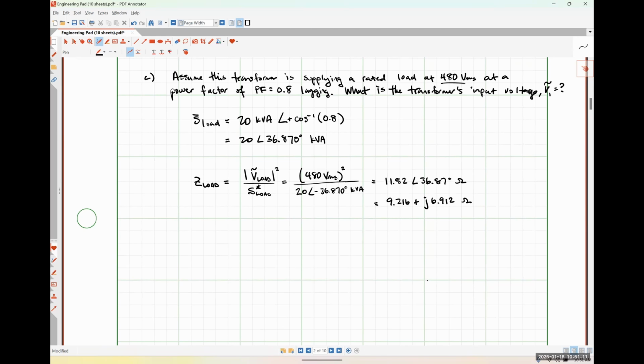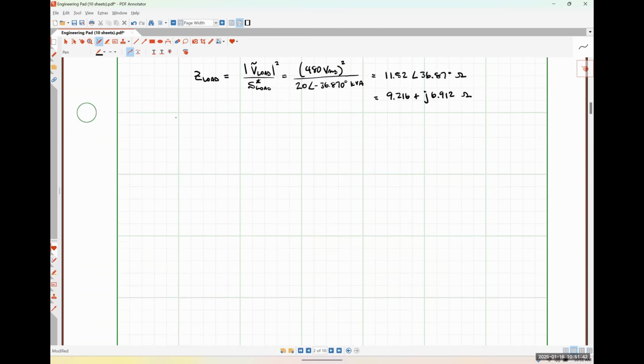Do we want to draw our total circuit with everything referred to the primary side, which we already have a cantilever equivalent circuit for, or everything on the secondary side? I would argue that right now, the easiest path would be with everything on the secondary side, because our load is connected to the secondary side, so we don't need to transform that as well.